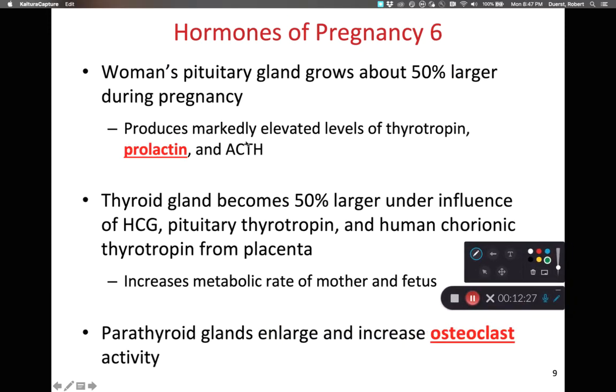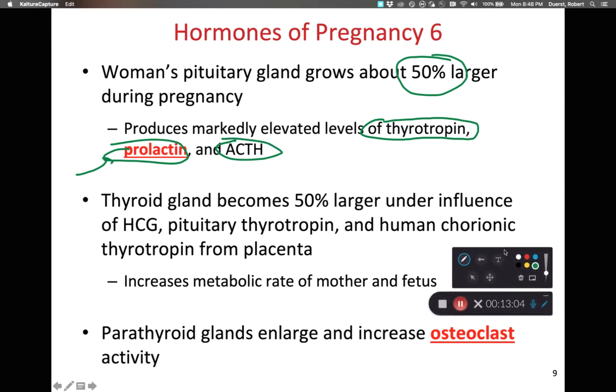Now, as the woman is going through a pregnancy, her pituitary gland is going to respond to these hormonal changes. And because our pituitary gland is the master gland and makes so many different hormones, the pituitary gland will increase about 50% in pregnant women over the course of the pregnancy, because it is going to need to make more thyrotropin to promote the development of the thyroid gland, and more prolactin to promote the development of milk, and then more adrenocorticotropic hormone to help regulate fluid balance in her body, particularly saline balance in her body.